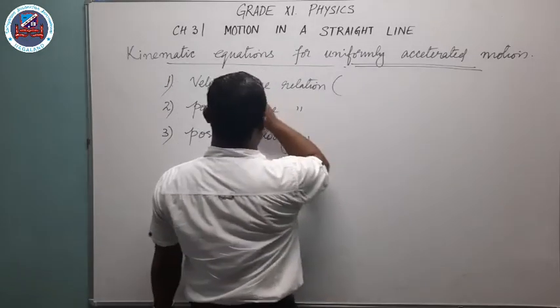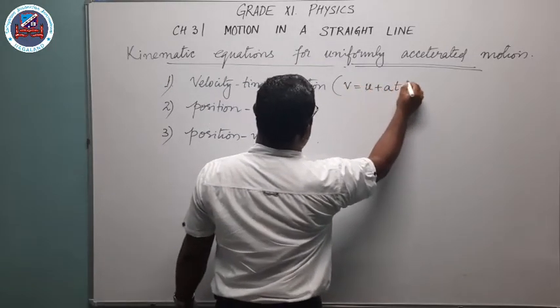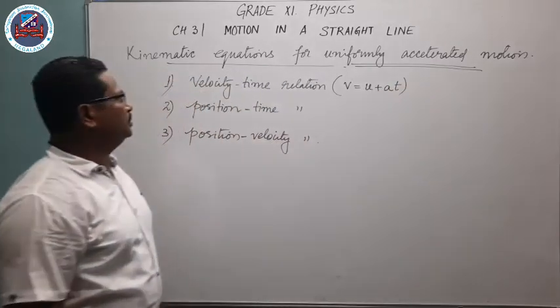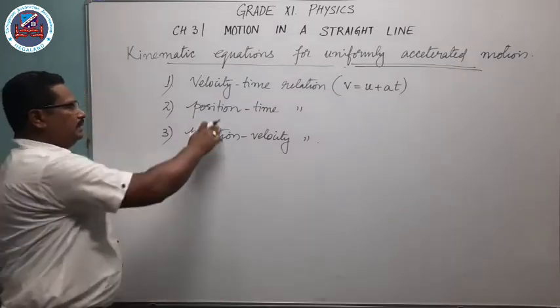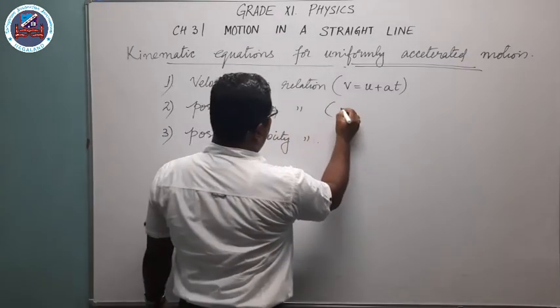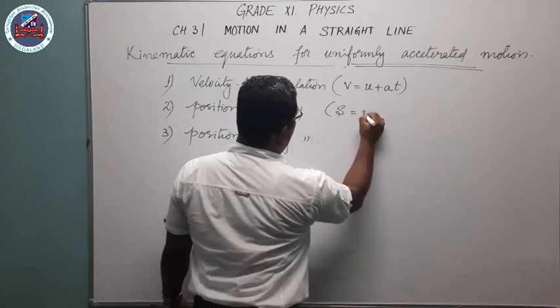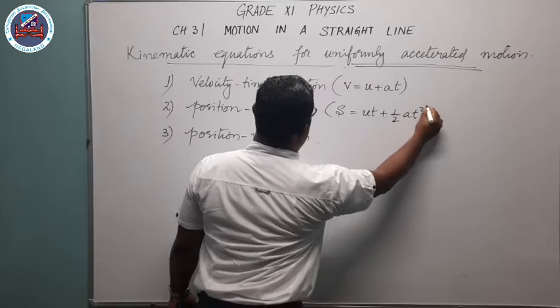Here the first one, your velocity time relation, is v equal to u plus at. This is also called the first equation of motion. The second equation of motion, or position time relation, is given by displacement s is equal to ut plus half of at square.